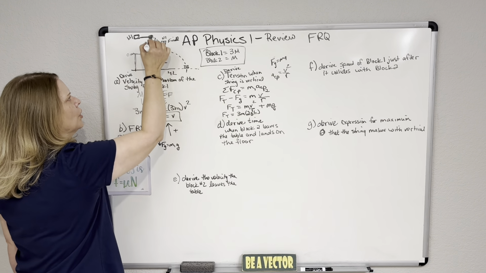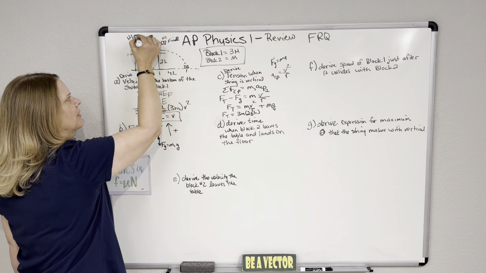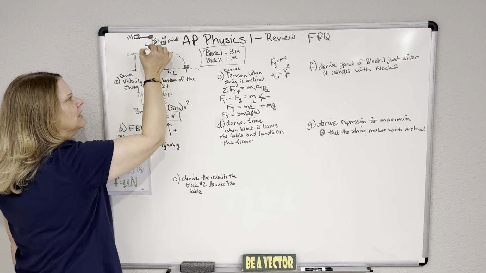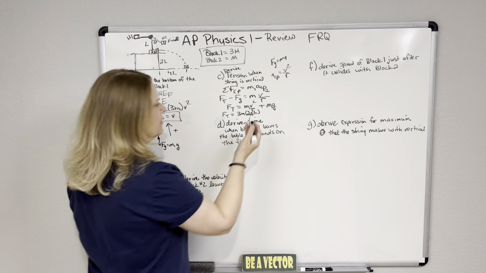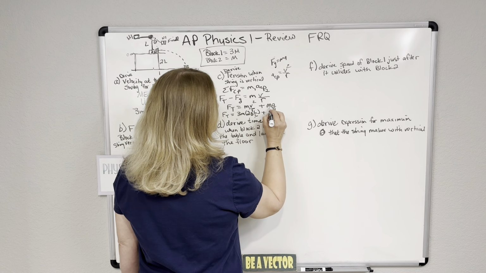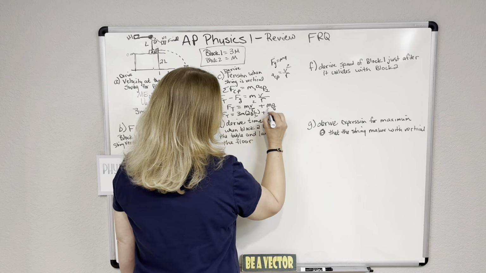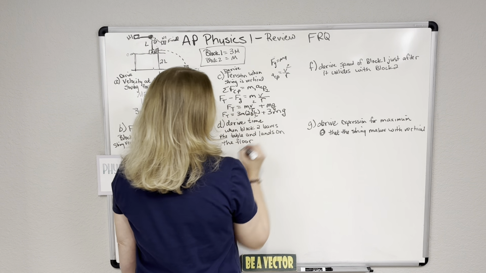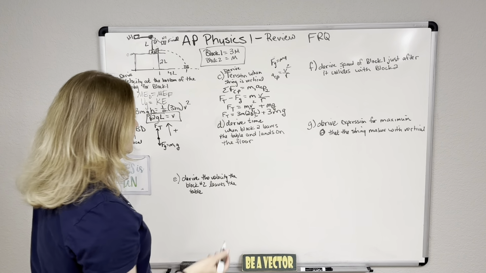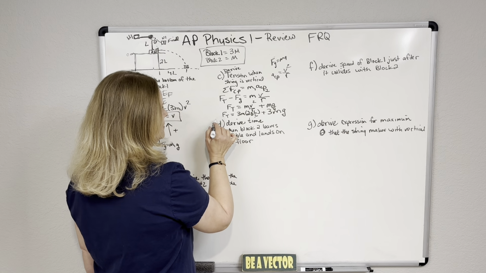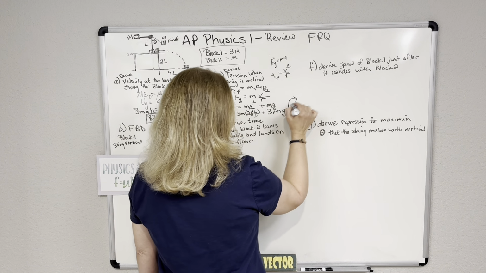Well, remember R is length. That radius of that circle that this block is moving in is the length of the string. That's L. Plus M1, block 1 is 3M times G. All right, now I'm running out of room. I'm going to move over here and then I'll erase it.